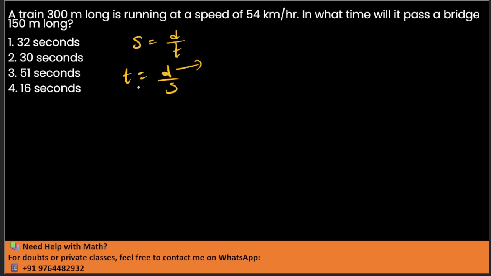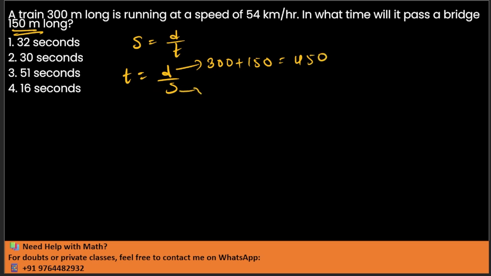Now the train is crossing an object having length, so the distance traveled will be equal to the length of the train plus the length of the bridge. So it will be 300 plus 150 and that is equal to 450.